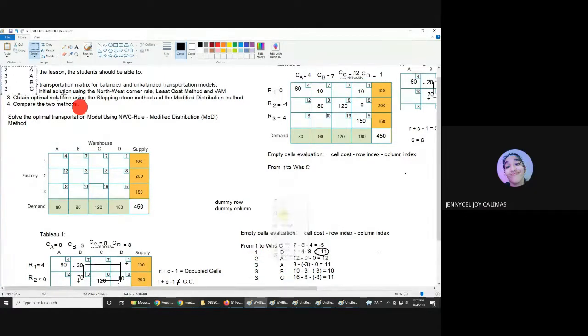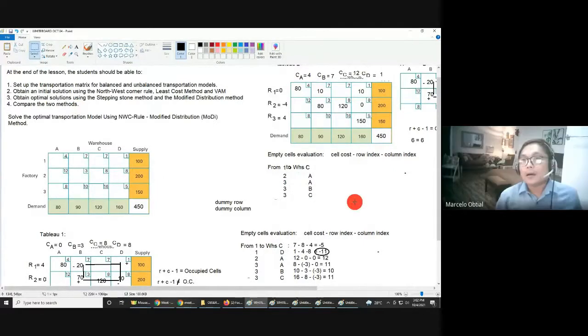Sir, 2D is also included. Okay. Zero. Somebody is asking, is this 0 included here, sir? You can only assume this once, when the placement of the 0 is new. I think we all agree that it's positive. So there's no need to compute the empty cell evaluation for the first 0. But what if we go to the next tableau and this 0 gets erased?